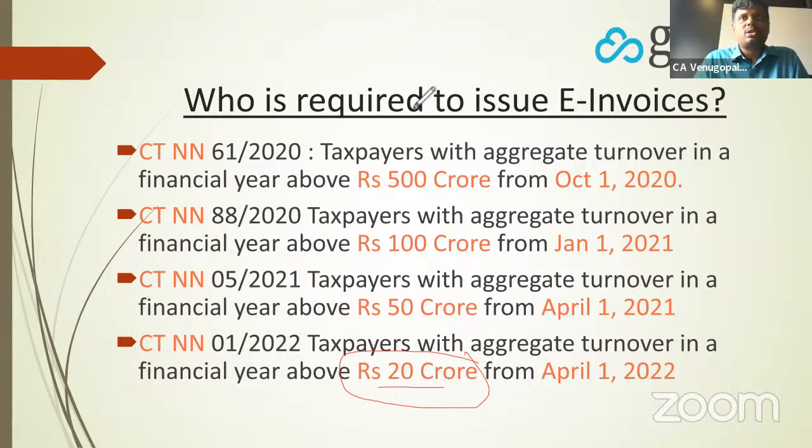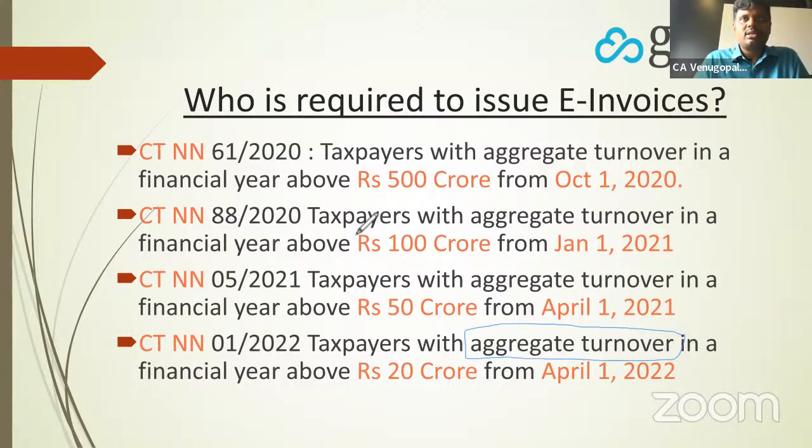The current threshold for people doing e-invoice is more than 20 crores. Now, who has to do it? It depends on the aggregate turnover. There is a little myth or confusion about aggregate turnover. When we say 20 crores, we have to look at all-India turnover.